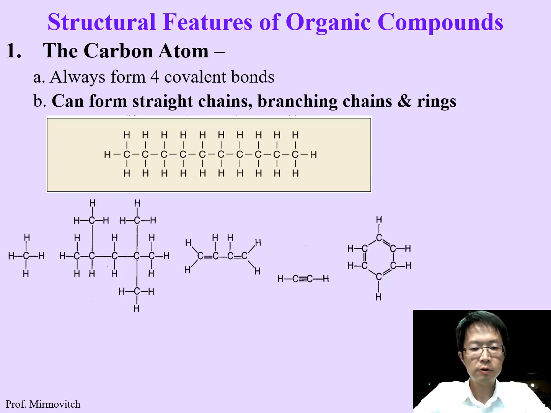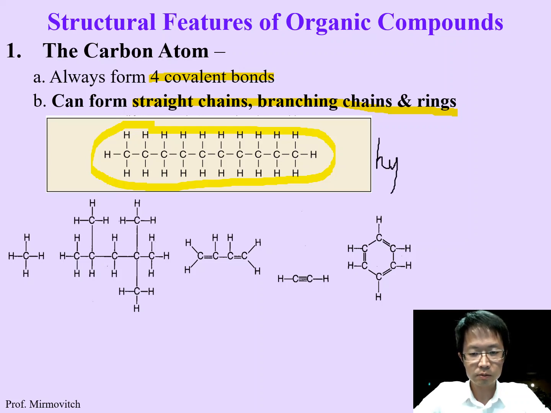So carbon always forms 4 covalent bonds, and then it can be straight chains, branchings, and rings. So you can see that this one here, we have a specific name, we call it hydrocarbon.